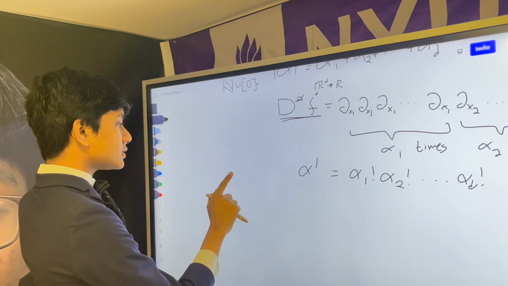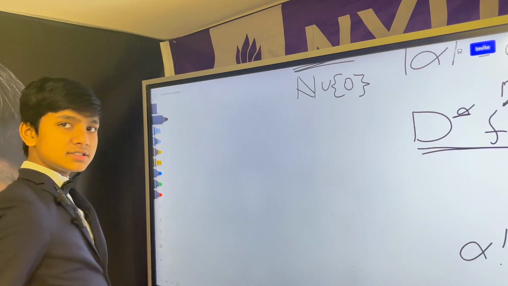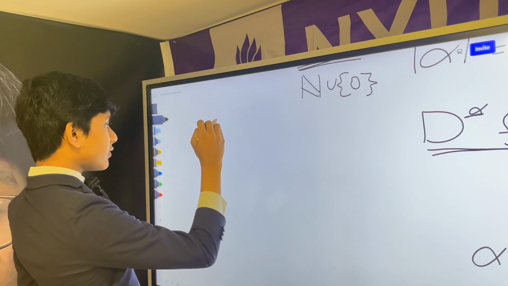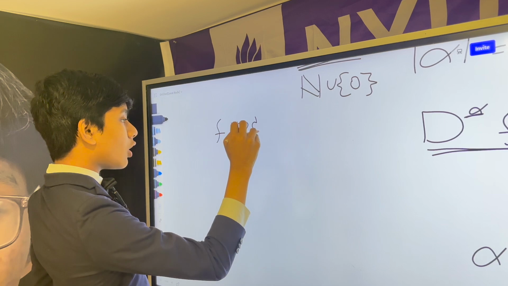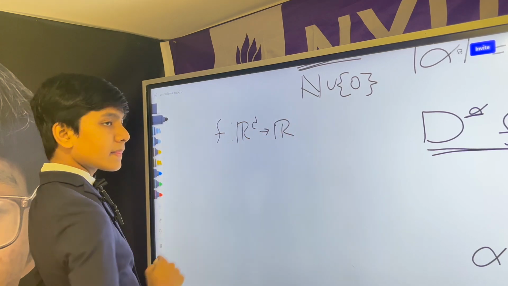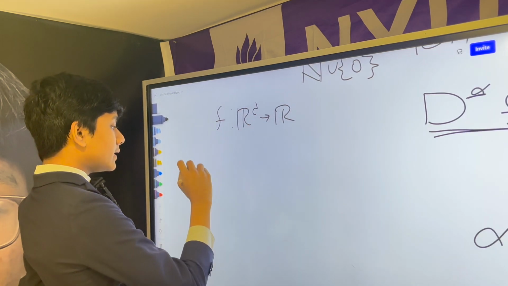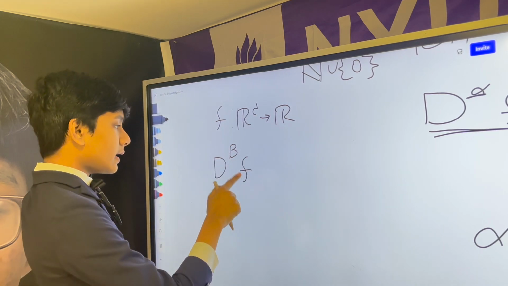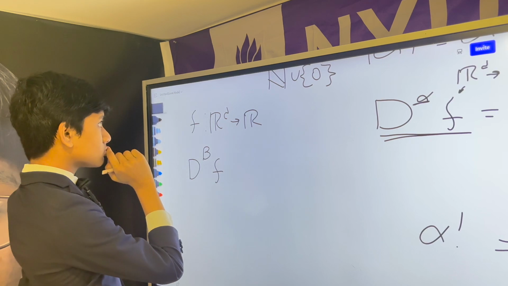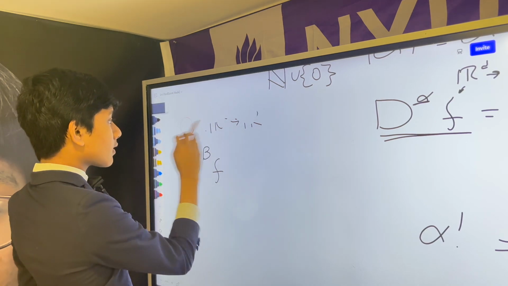Two properties. Firstly, let's show that if we are given any function f from R^d to R, then we take the beta derivative of f.